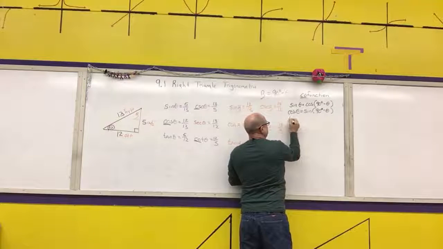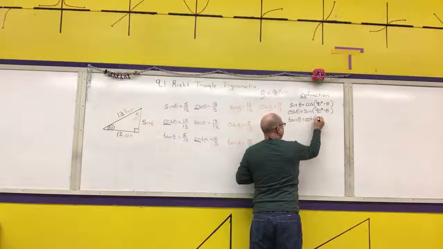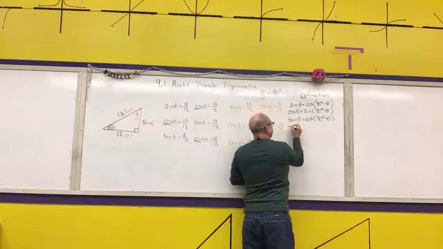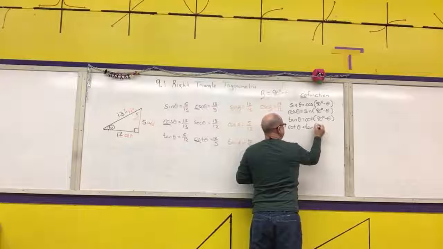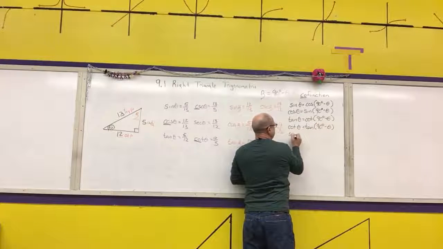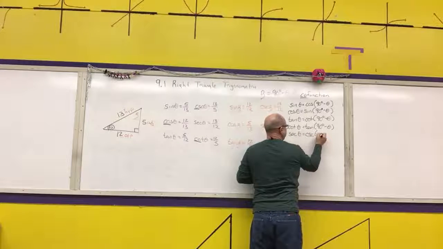The tangent of an angle is equal to the cotangent of its complement. The cotangent of an angle is equal to the tangent of its complement. The secant of an angle is equal to the cosecant of its complement.